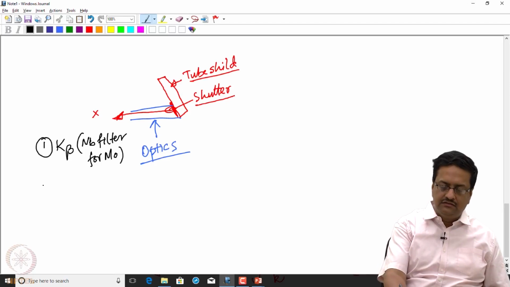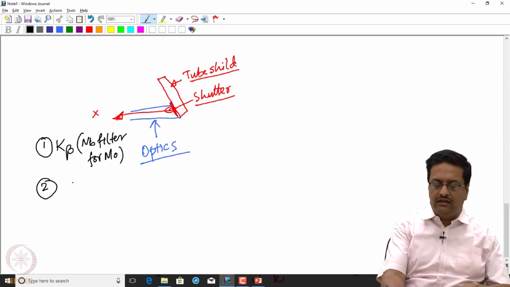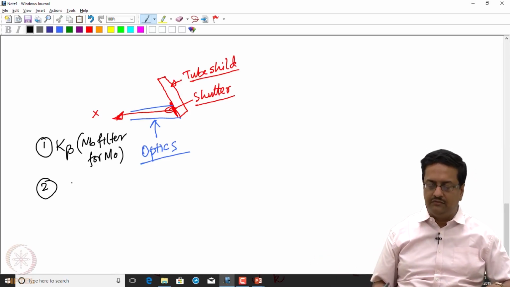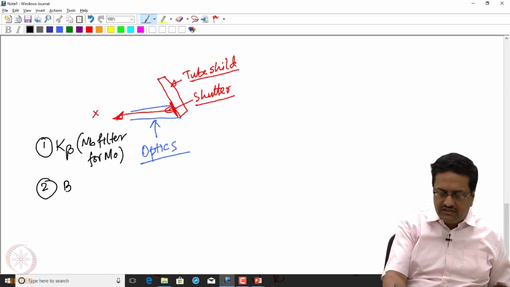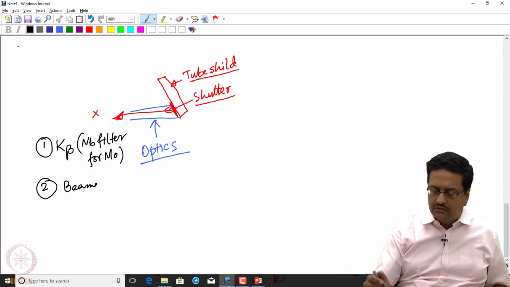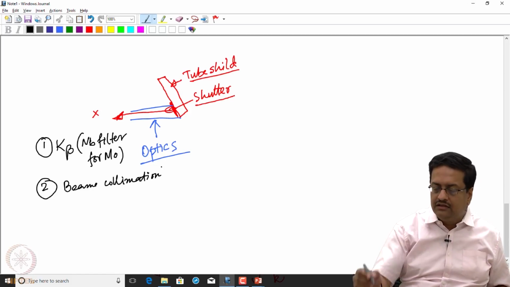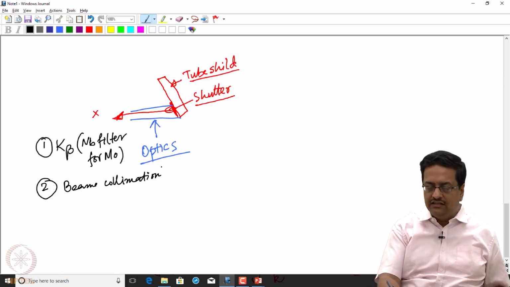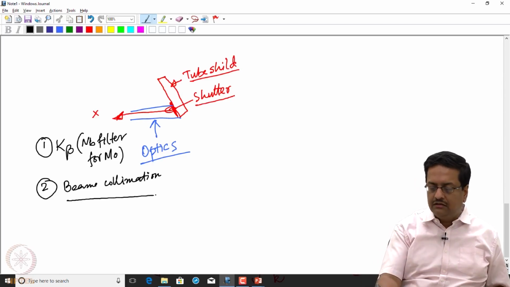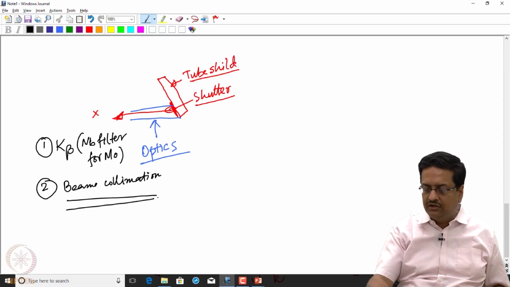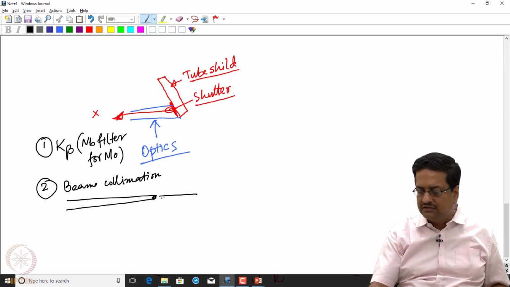And then number 2 is to collimate the beam. So beam collimation is done in this optics region, and the beam is made to come out of the collimator as a set of parallel rays.